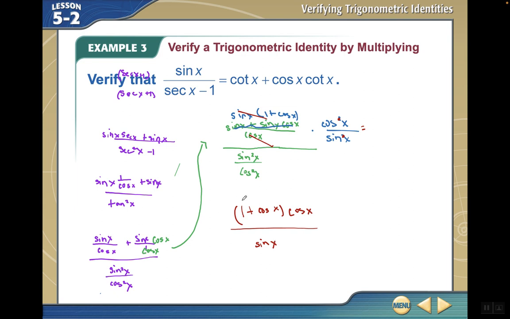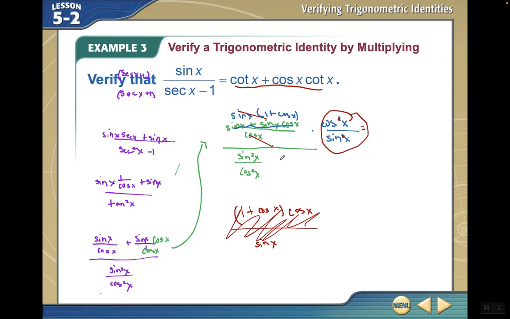Actually, let's forget that for a second. I think if I change this right away to cotangent, that's going to make more sense. I was just looking at what we have to get to. So I'm going to change that to cotangent.